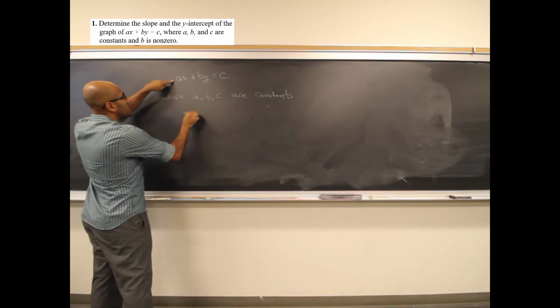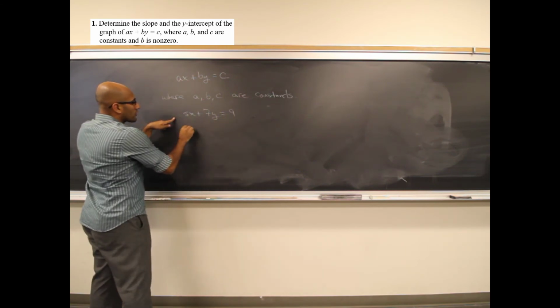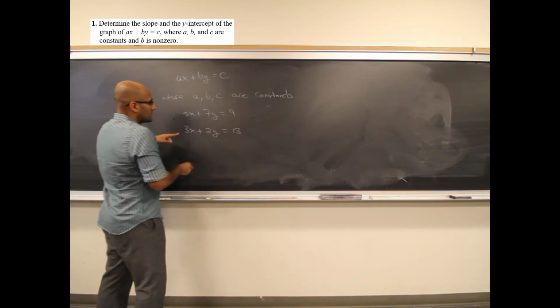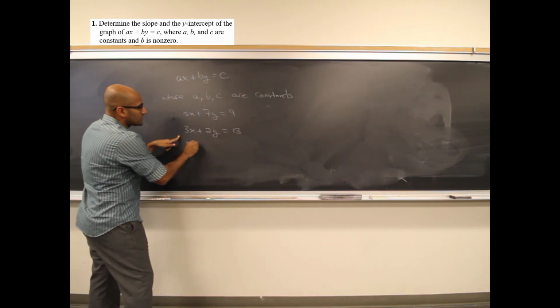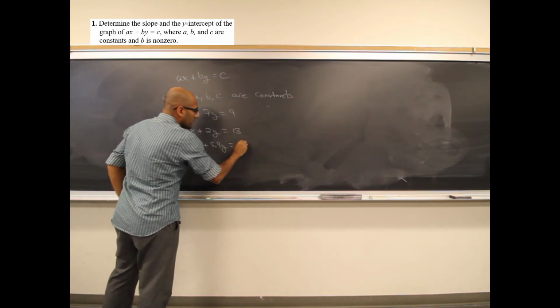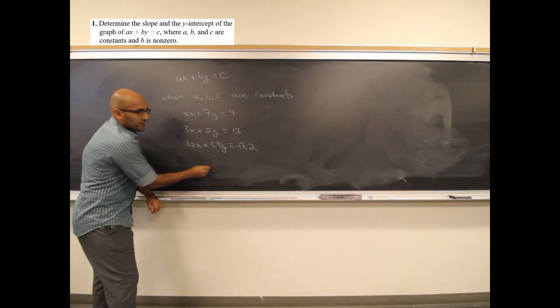For instance, it could be 5x plus 7y equals 9, or 3x plus 2y equals 13, or 3.2x plus 5.9y equals negative 17.2, right? Dot, dot, dot.